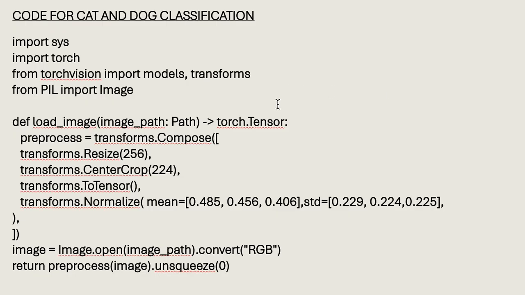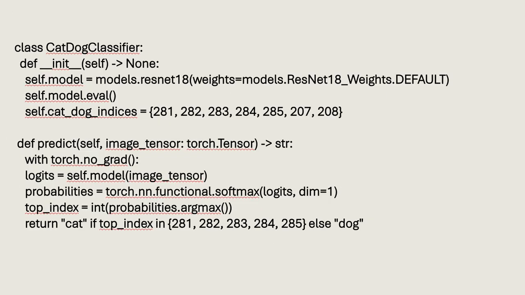Okay. So now let's go to other functions. This is our main function, or main class. We made it a class because it could be reusable in the future, or we can say it's a reusable block of code.